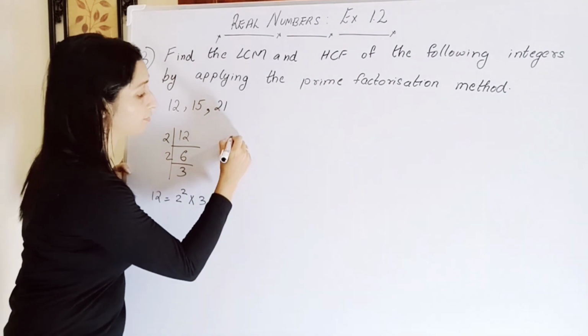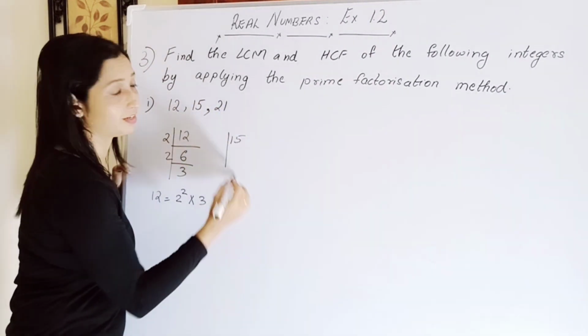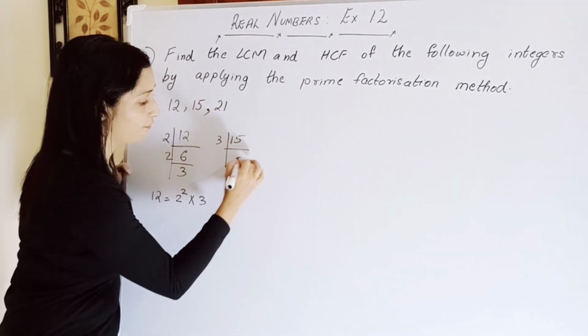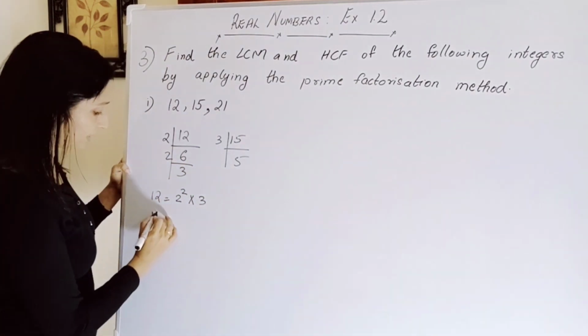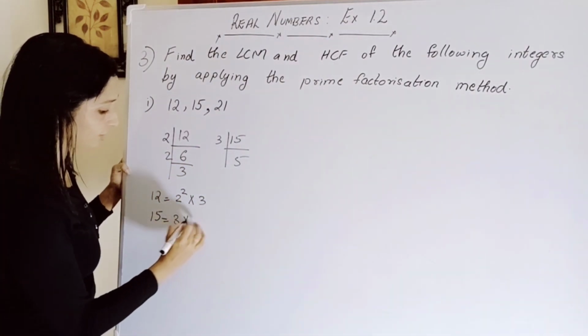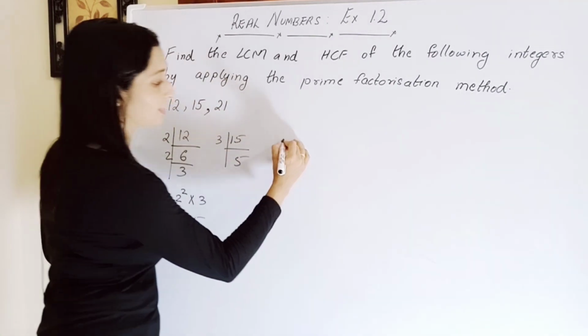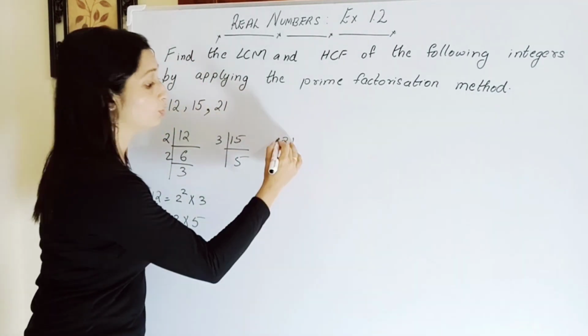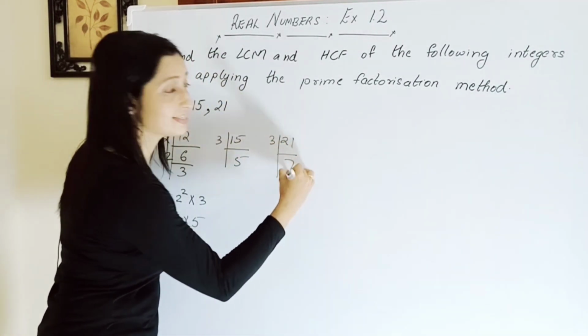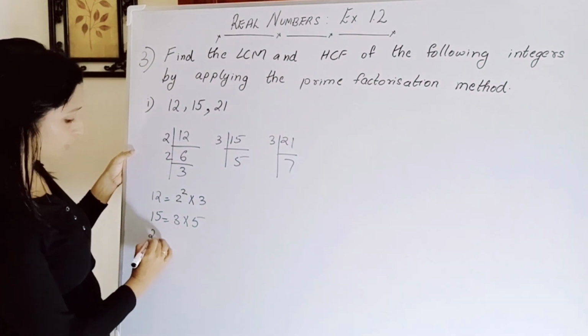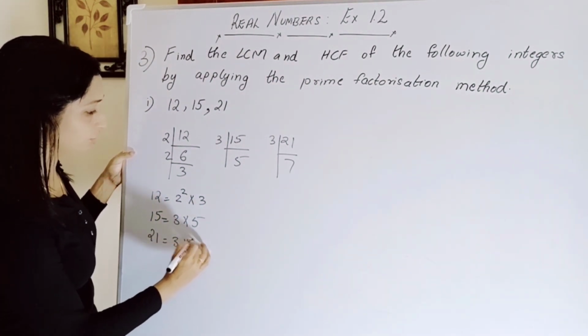Next I am going to find the prime factorization of 15. So that is 3 fives are 15. So 15 I can write as 3 into 5. Next I have 21. How do I find? 3 sevens are 21. So I can write 21 as 3 into 7.